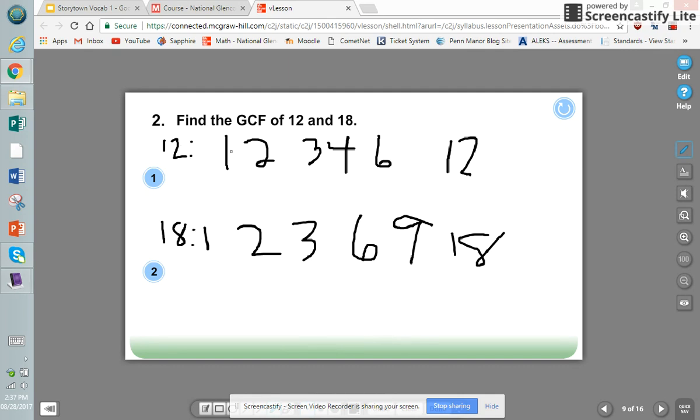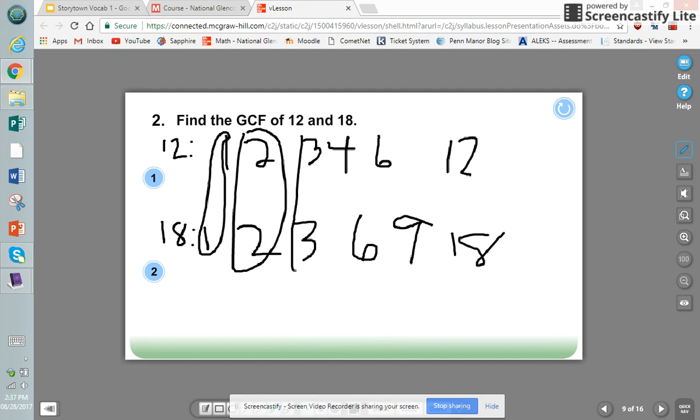Now all I do is take a look at the common factors, 1 and 1. Perfect. 2 and 2. 3 and 3. 6 and 6. And all other factors are not shared. So what is the greatest common factor of 12 and 18? Well, you got it, 6, because that is the greatest common factor.